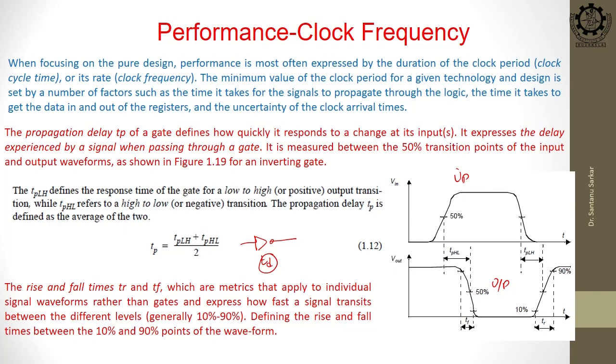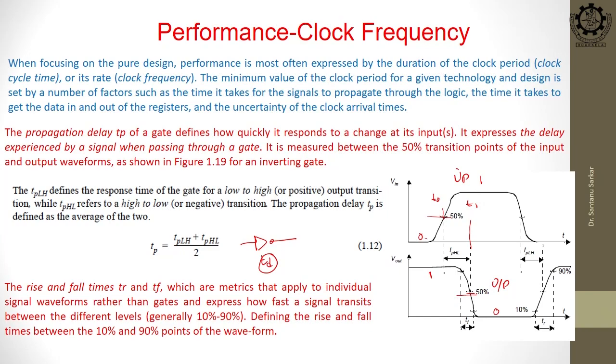We check the time at 50% of the input, this is T0, and when the output, which goes from 1 to 0, crosses 50%, that is T1. So, this is my delay. Delay is defined from 50% values.